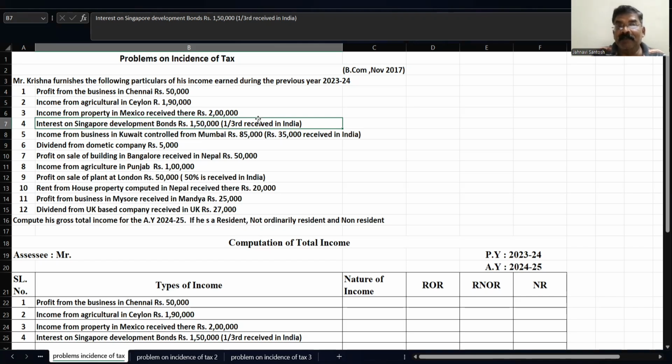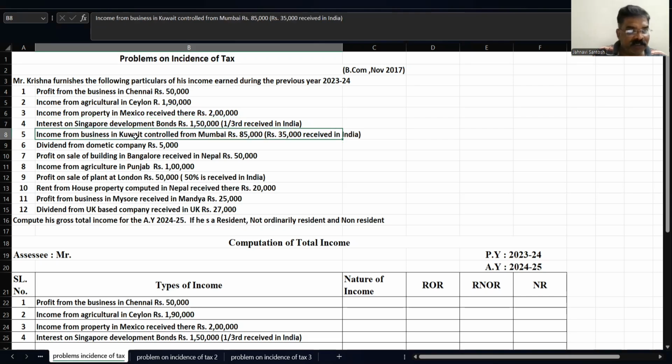Out of that, 1/3 received in India, that means 1,50,000 is the interest he has received divided by 3. It comes to 50,000. 50,000 amount received in India. So that means 50,000 becomes Indian income since it is received in India. The balance 1 lakh we treat as a foreign income.